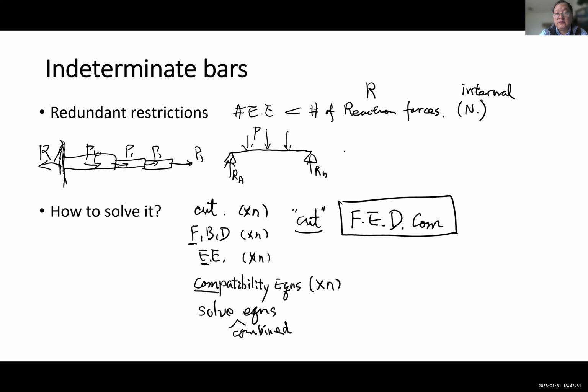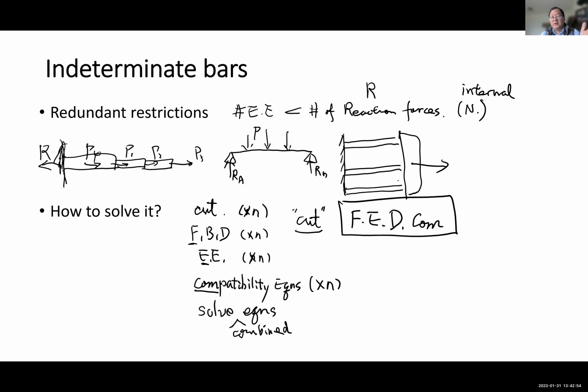If I have this one, so I have a wall. Okay. So I have one bar here, another bar here, right? Or maybe another bar here. Okay. So then I have a weight applying here.